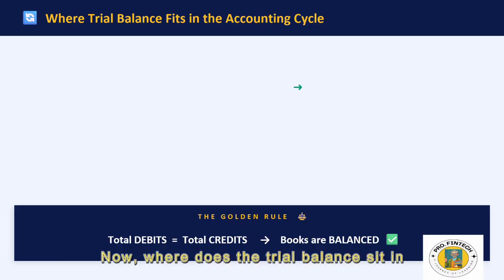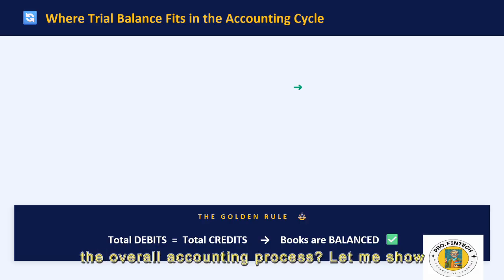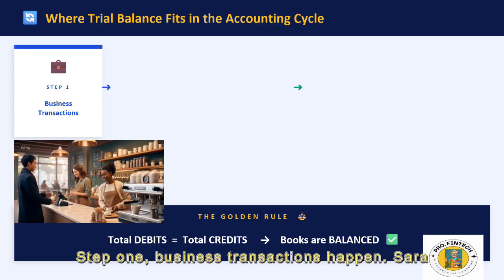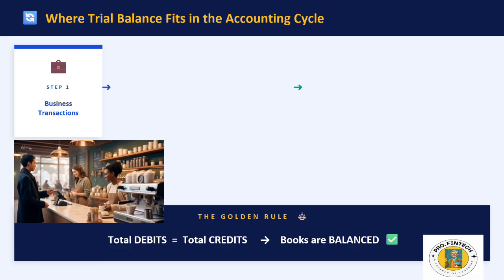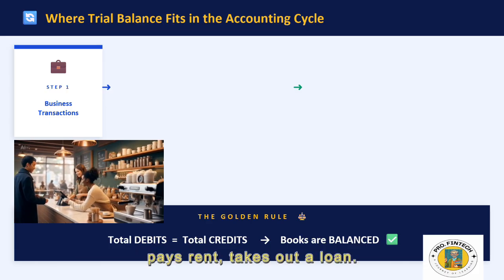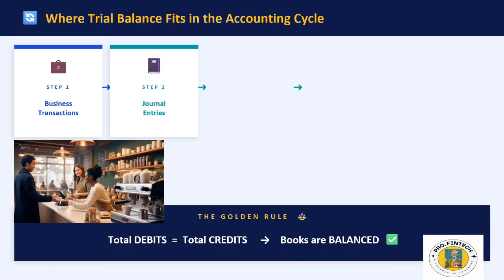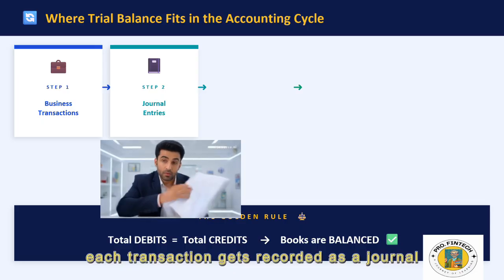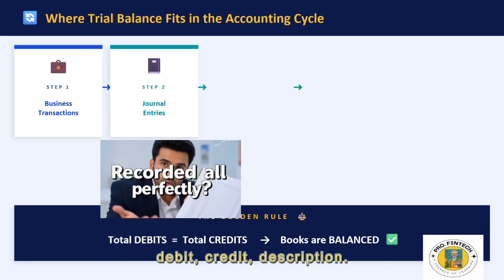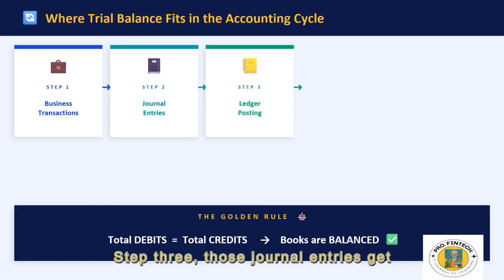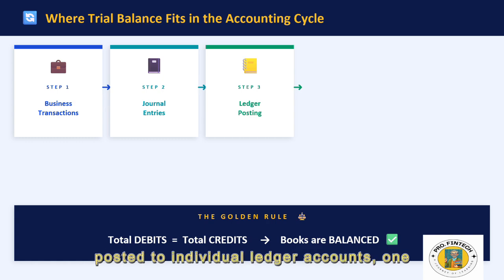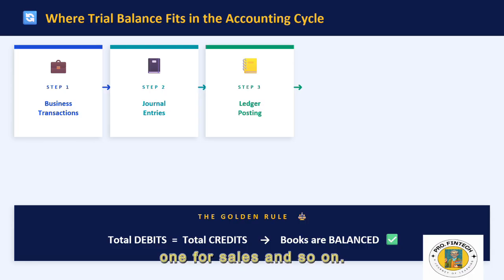Now, where does the trial balance sit in the overall accounting process? Let me show you the full picture. Step 1, business transactions happen. Sarah sells a coffee, pays rent, takes out a loan. Step 2, each transaction gets recorded as a journal entry: date, debit, credit, description. Step 3, those journal entries get posted to individual ledger accounts, one page for cash, one for sales, and so on.